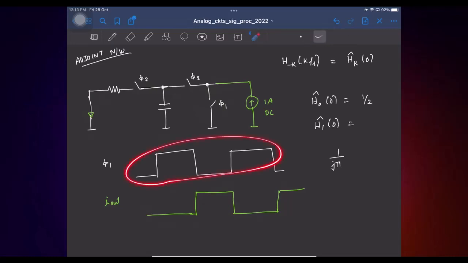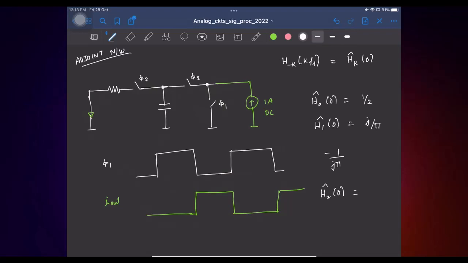This is delayed by 180 degrees. So we'll have a minus sign here, and that becomes j by pi. So what can you say about h2 hat of 0? And h3 hat is? j by 3 pi. Right? So now you see that in one shot, you can actually get all the transfer functions. Is that fine?